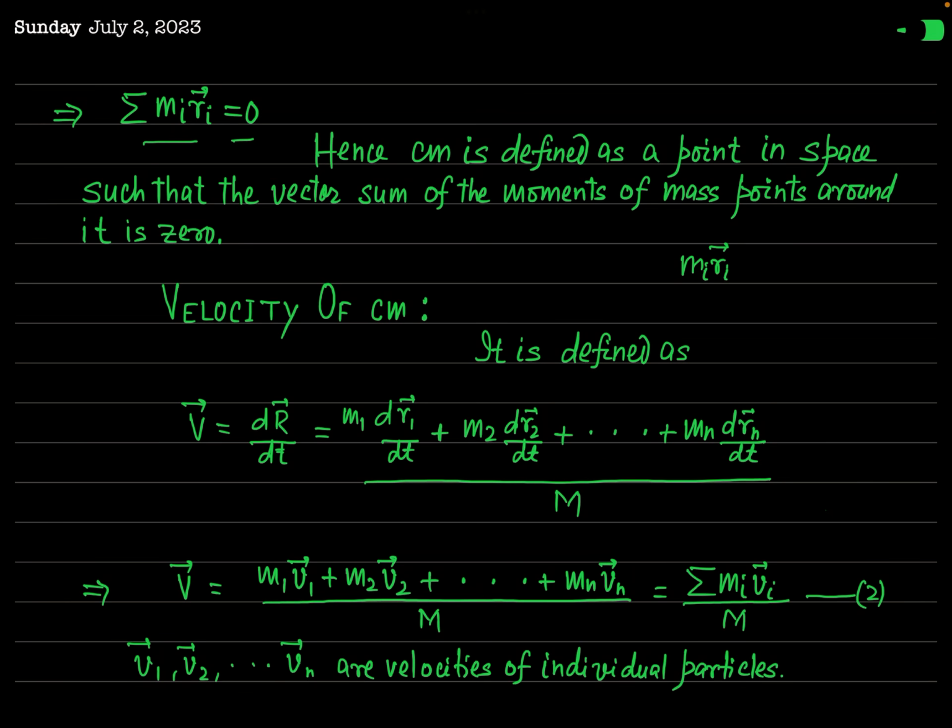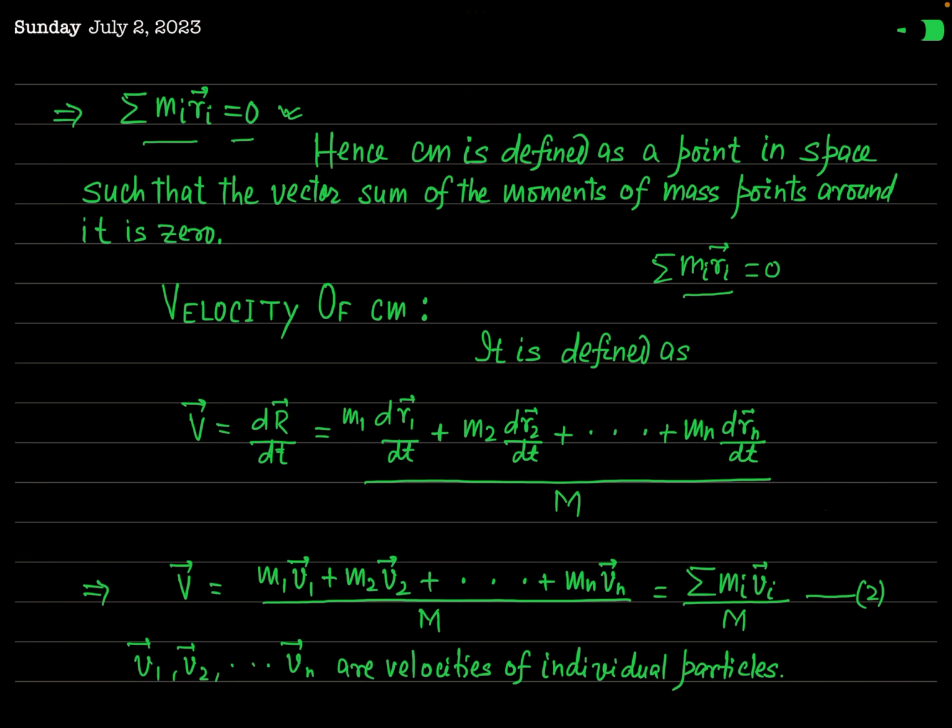And when you sum up all these terms, you get the sum of the moments of mass of all particles around the center of mass, and you can see this is equal to 0. So this condition is just the defining equation of the center of mass.